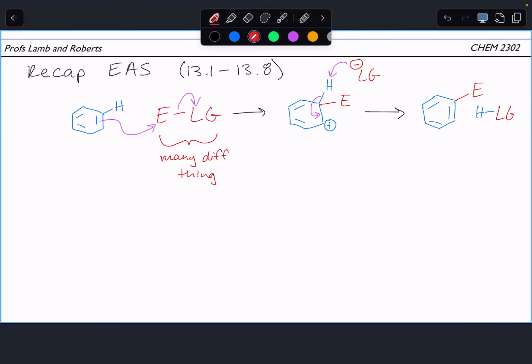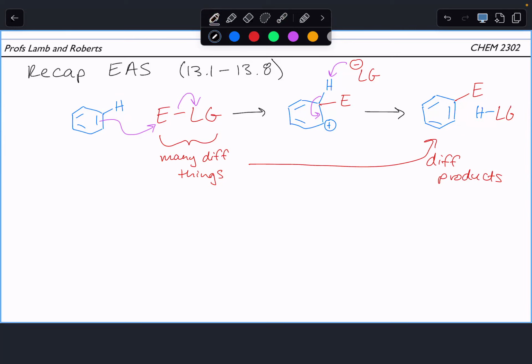So the mechanism is very similar across all of these different electrophilic aromatic substitutions. But if you use a different electrophile, that then leads to different products. So even though they're listed as different reactions, technically they are, because you're getting different products, they're really all the same reaction because the mechanism is the same across all of these different ones.